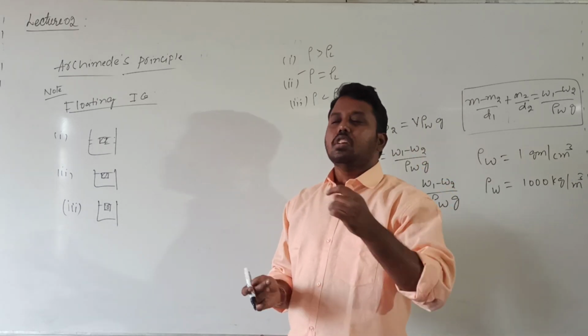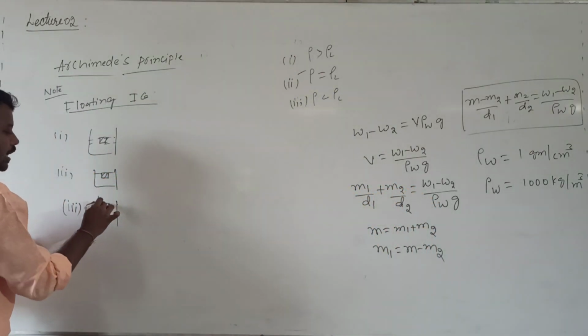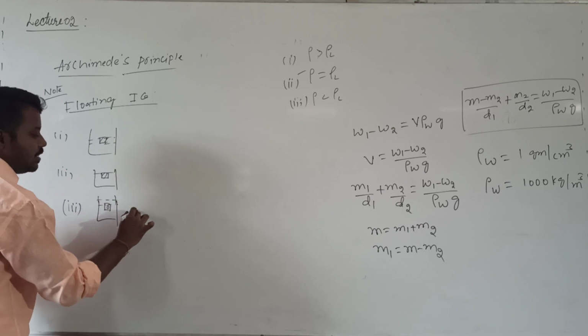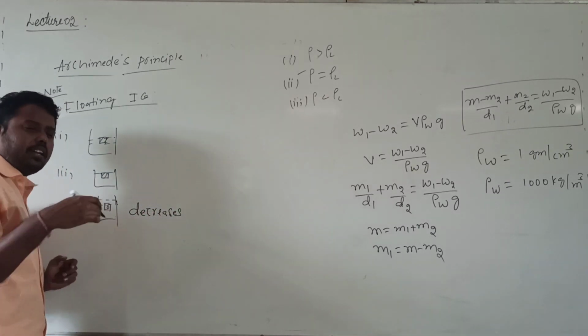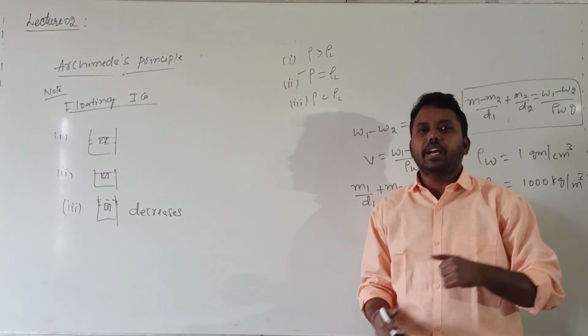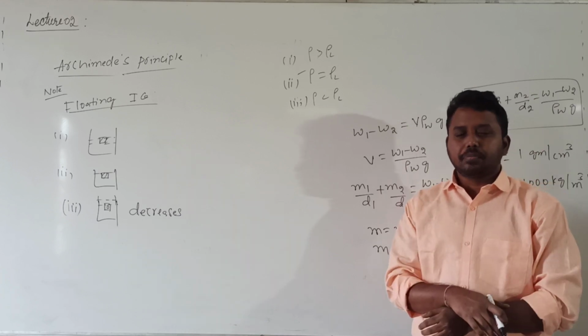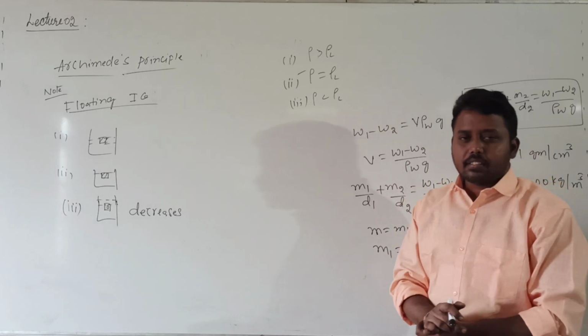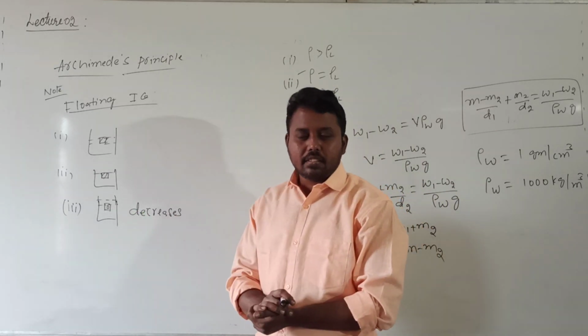After sinking, the water level in this container will decrease. Always remember, if the floating object's density is more than the liquid, then the level of the liquid will decrease. Otherwise, it will increase. Are you getting that? So in this case, it will decrease.